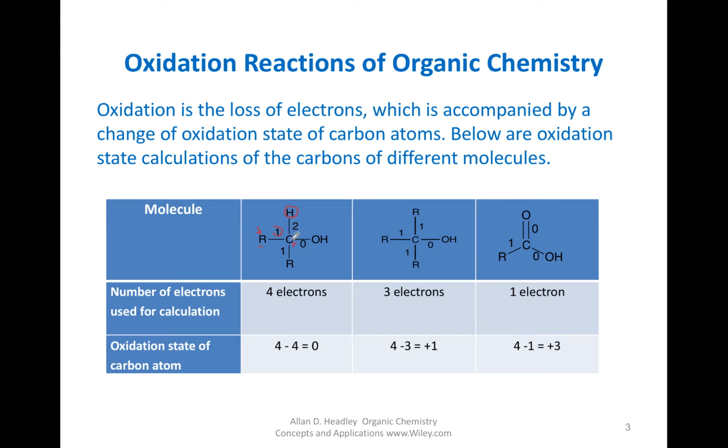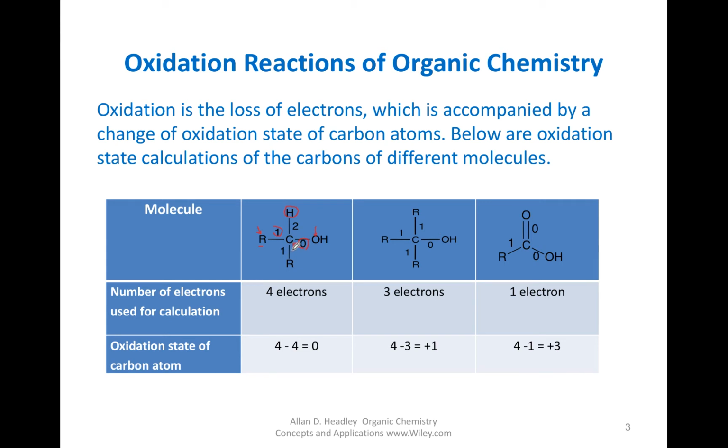Next, look at this bond. This carbon is bonded to oxygen. We know that oxygen is a lot more electronegative than carbon, so the 2 electrons in the covalent bonds are more associated with this oxygen than the carbon, so we assign 0 electrons to that carbon.